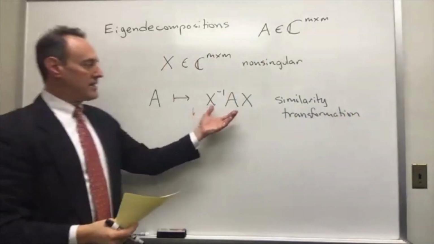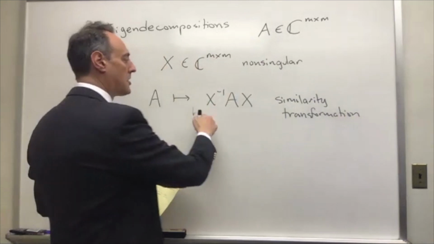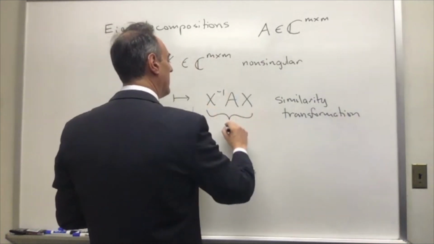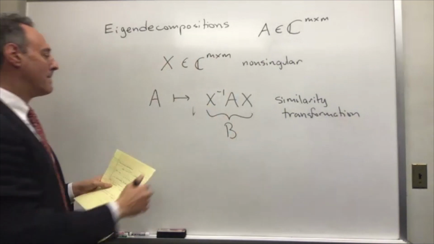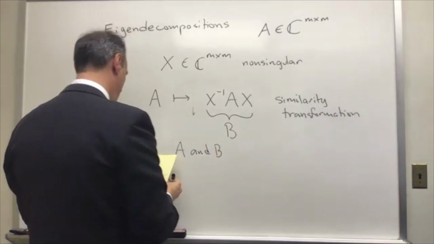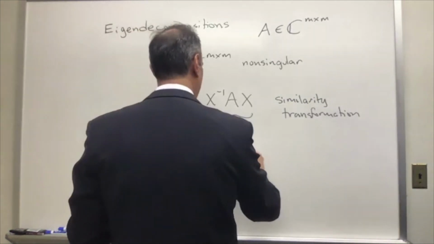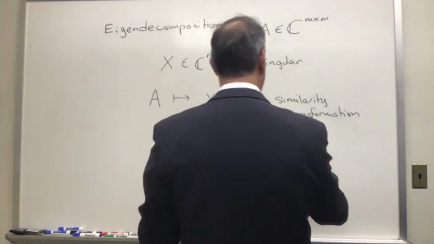The nice thing about a similarity transformation is that this object here, let's call it B, is a new object, and B and A have the same characteristic polynomials.